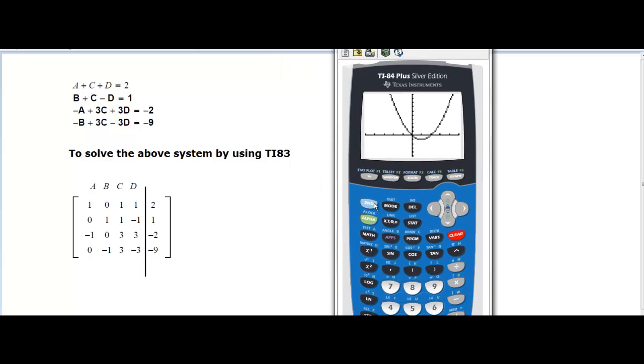So we do this. Second matrix. Now we want to edit this matrix. This is 4 by 4. This is 4 by 5 actually.